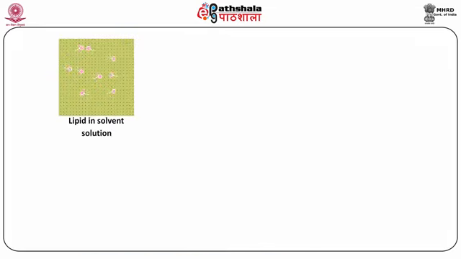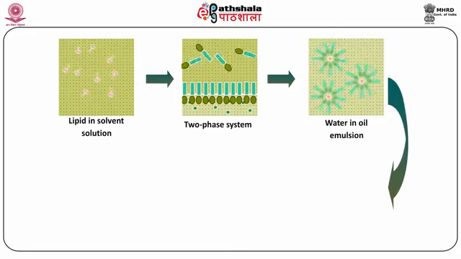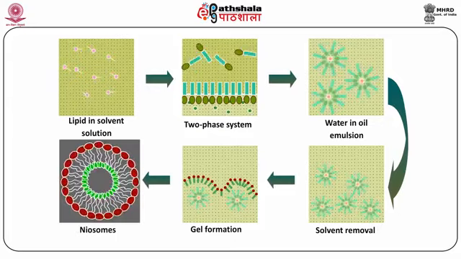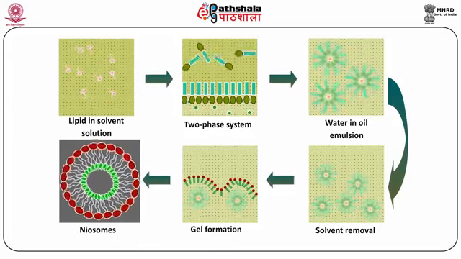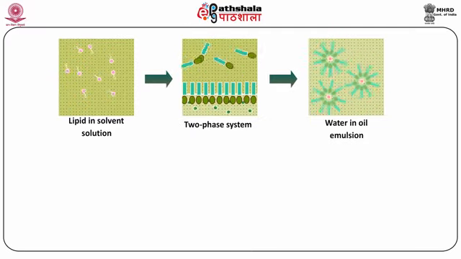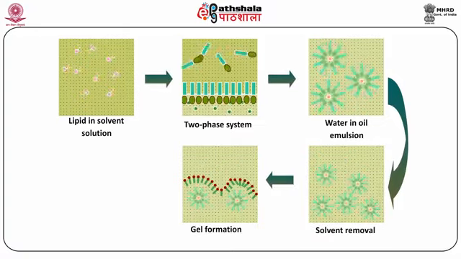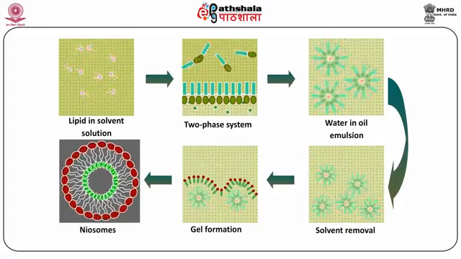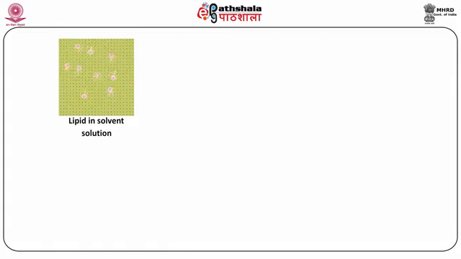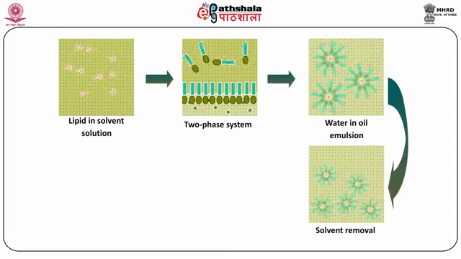As you can see in this slide, the preparation of neosomes by reverse phase is indicated. First, we take the lipid, the cholesterol and surfactant dissolved in the organic solvent. Then aqueous phase containing the drug is added. The second diagram indicates the formation of two phases in such a way that a water in oil emulsion is formed.